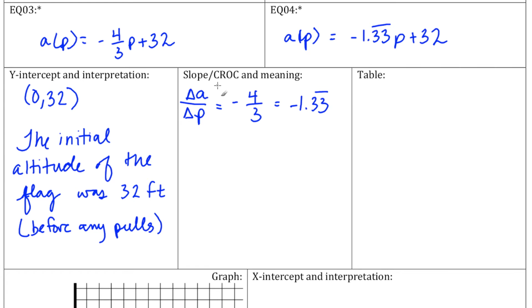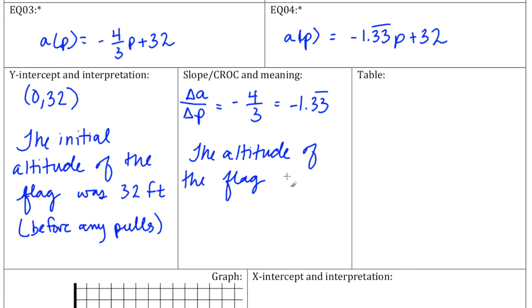We know that this slope is talking about how the altitude changes as a result of the pulls. So the altitude of the flag, I put an E on flag for some reason.